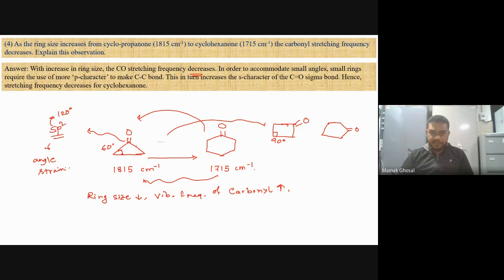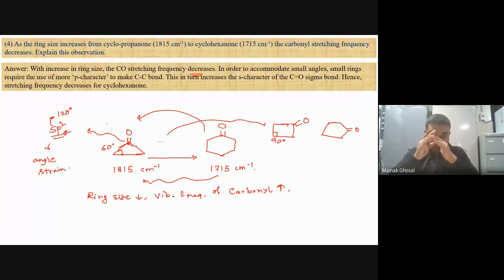So what will happen? The p character of the bond will be more involved to compensate this angle strain. The p character of the bond dictates what kind of bond angle there will be, whether sp2, sp3, or any other.